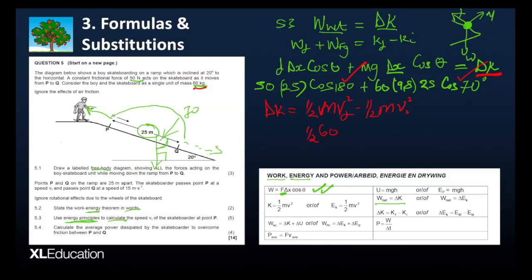We are required to calculate the initial velocity. The final velocity is provided, velocity at Q, which means velocity here is given as 15. So we square it minus half. Mass of the boy is 60. V initial is what we want to calculate. Right. So that gives us the other part of the question, which is this one. Right. So now after doing your substitution like that, it means you are sorted when you have things like that.